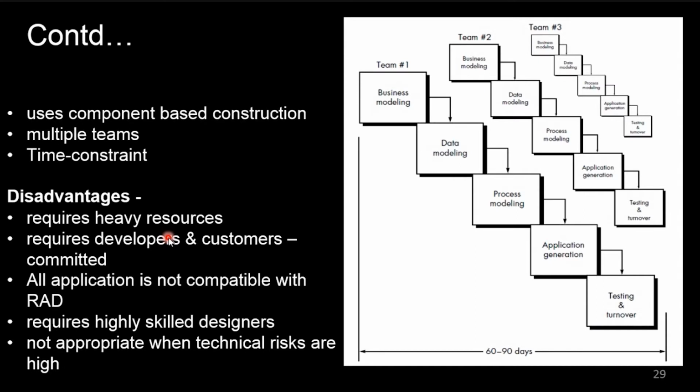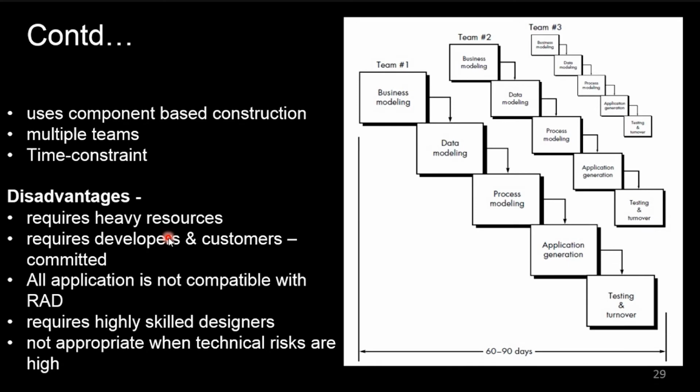And why do we require that manpower? Because we have to submit the project within this 60 to 90 day time period. So it requires heavy resources, and it requires developers to write the code and do everything else.